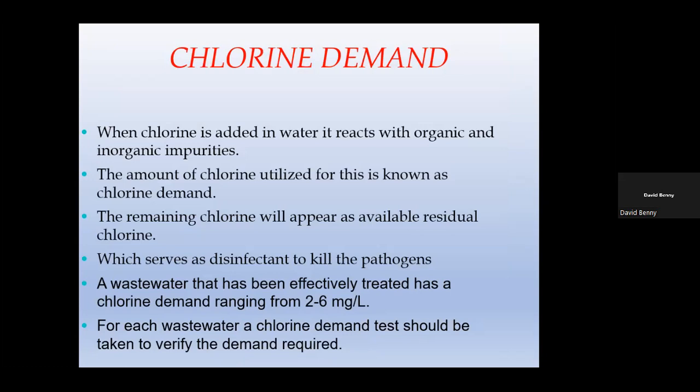The remaining chlorine will appear as a residual chlorine, and this will serve to kill the pathogens which exist. So mostly you have to use up the demand and then have a residual for you to be sure that you are on the way to disinfecting.